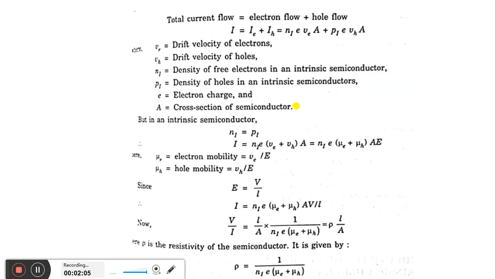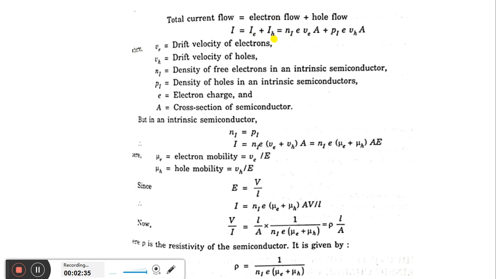Let us discuss here that the total current may be written as the electron flow and hole flow. As we know, the total current I can be written as the electron flow current and hole flow current, or we can write total current I equals IE plus IH.